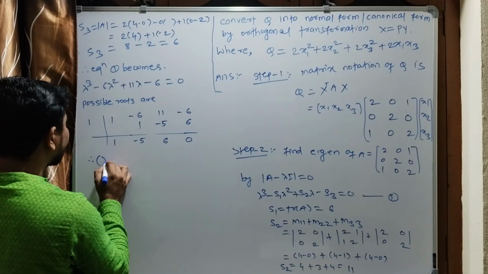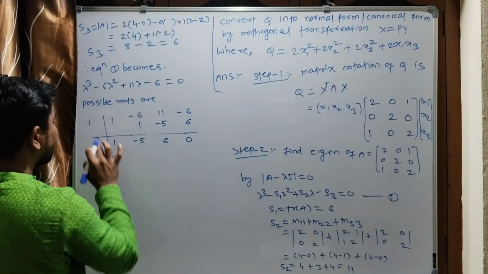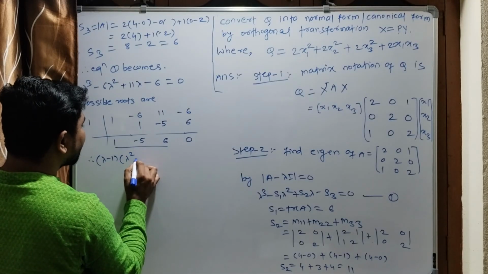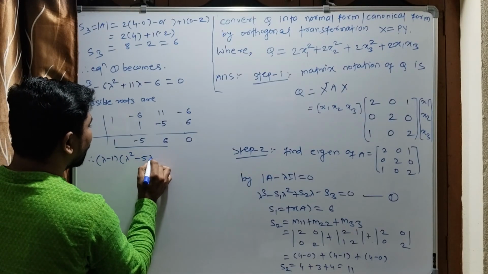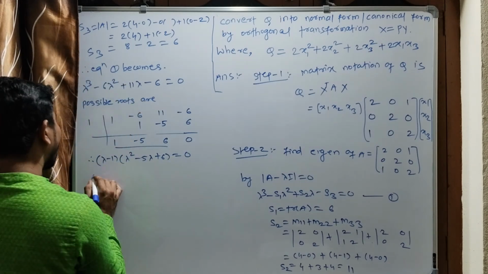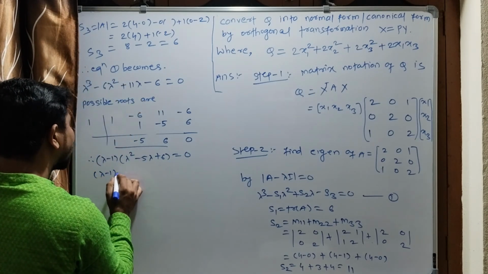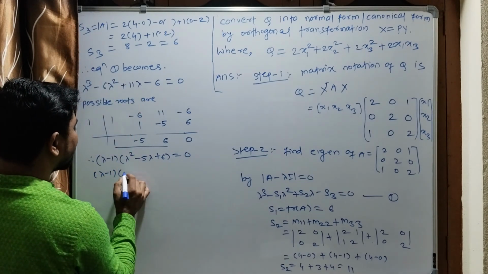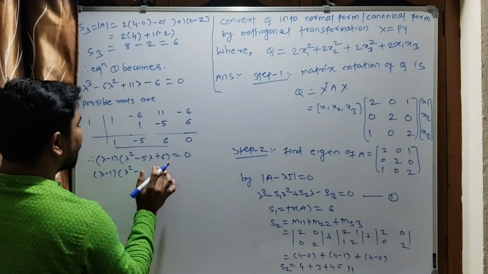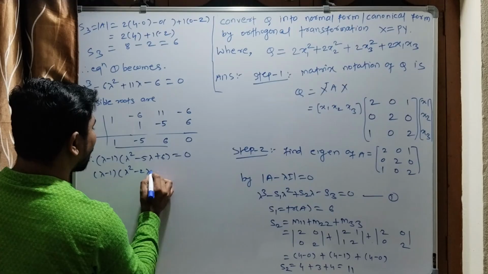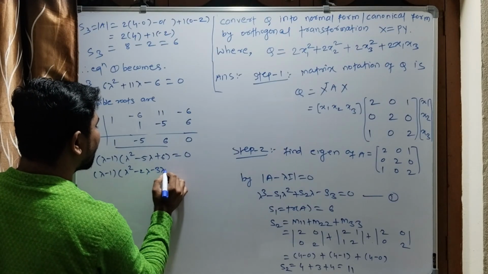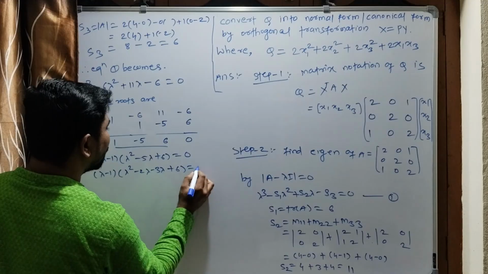Therefore the required equation is (lambda minus 1) times (lambda squared minus 5 lambda plus 6) equal to 0. Now factorize this: 2 times 3 is 6, so lambda squared minus 2 lambda minus 3 lambda plus 6 equal to 0.